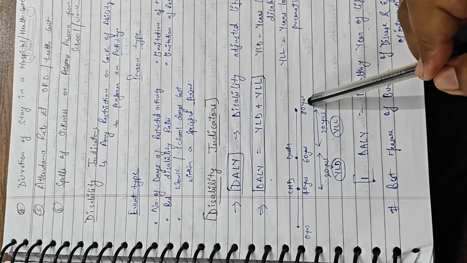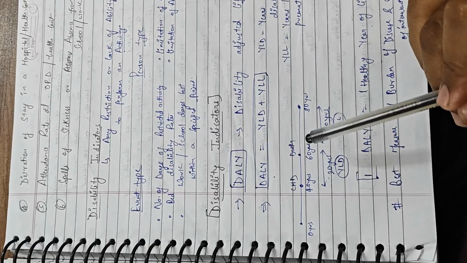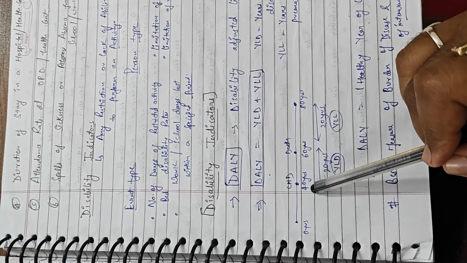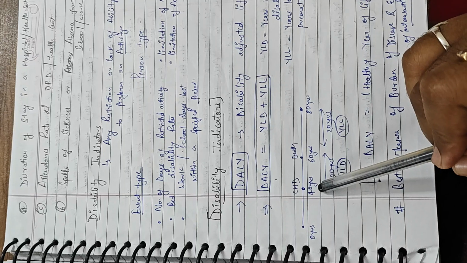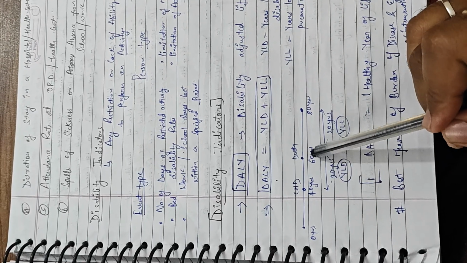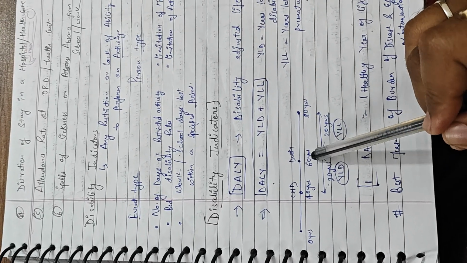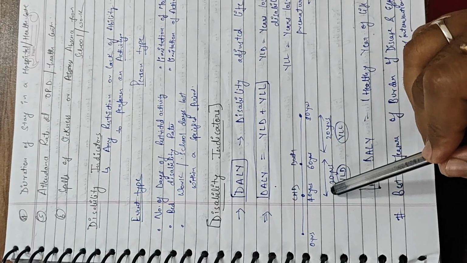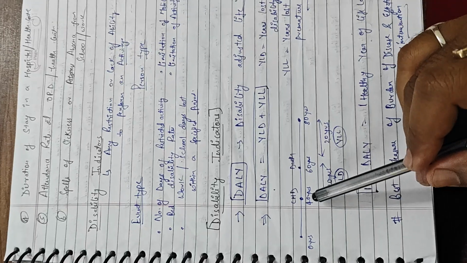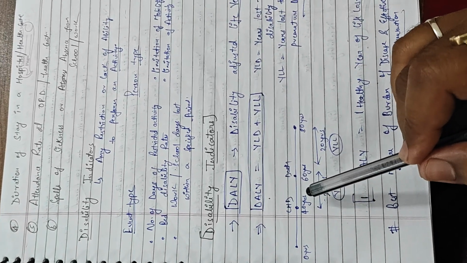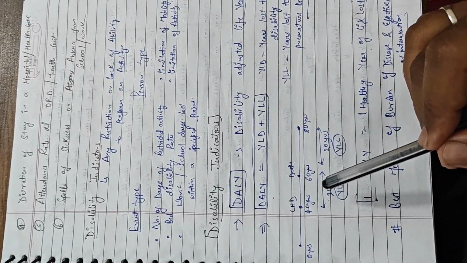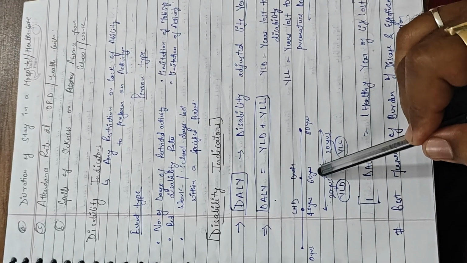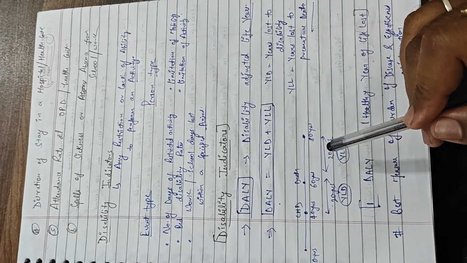He should live that long. But at 40 years he is diagnosed with chronic heart disease. Now at 60 years, because of this disease, he faces death. This 20-year gap is the years he has lost due to disability, and another 60 to 80 years are lost to premature death.